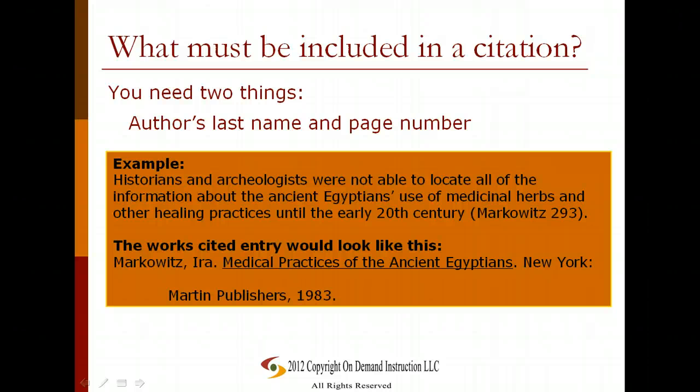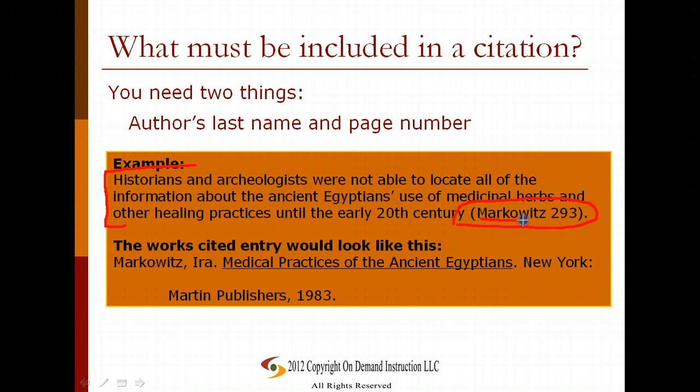Okay, so what kinds of things need to be included in a citation? Got an example for you here. Our example is this paraphrased sentence: Historians and archaeologists were not able to locate all of the information about the ancient Egyptians' use of medicinal herbs and other healing practices until the early 20th century. (Markowitz 293). This right here is the citation. That's what it looks like.